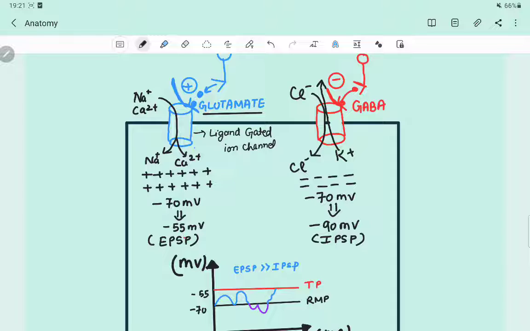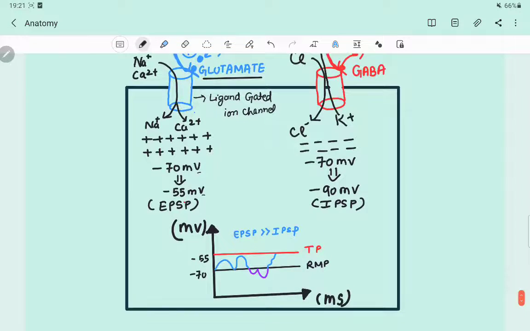What they do is they open the ligand-gated ion channels, and the positively charged ions, say the sodium ion and the calcium ions, start entering the cell because of these channels. So the membrane potential now from minus 70 millivolts turns towards a less negative value, which is minus 55 millivolts, because of these positively charged ions. So this is the state of excitation, and hence it is called excitatory postsynaptic potential.